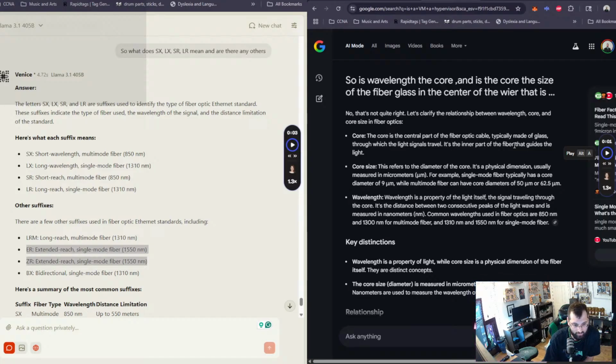The wavelength is the distance between consecutive peaks of the light wave and is measured in nanometers. Okay, but what does it mean by two consecutive peaks of a light wave?